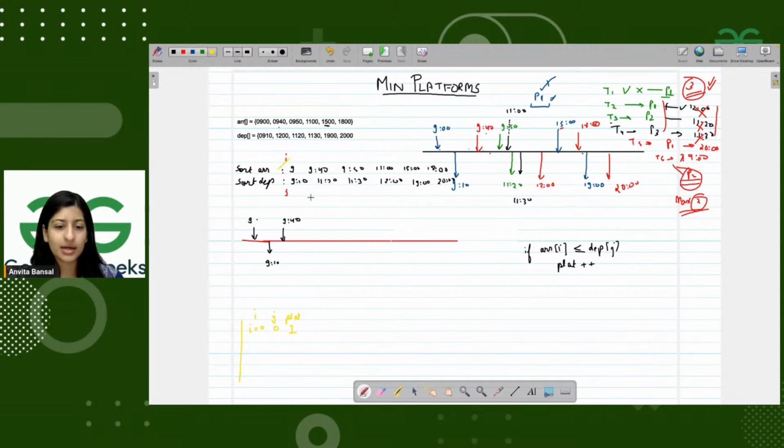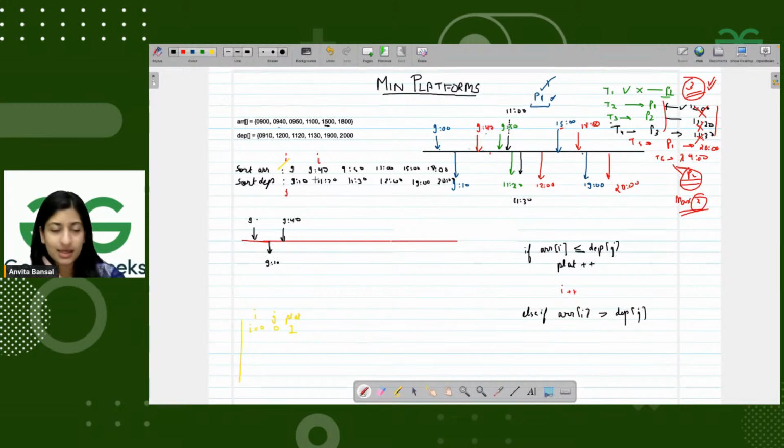Now my I is incremented and goes to the next index. When you're at this index, you also simultaneously do I plus plus. Fine. Now you are at this position and your J is still at this position. So you are going to check. This was the case when ARR of I was less than departure of J. Else, if your arrival time ARR of I is greater than your departure of J, then what is going to happen?